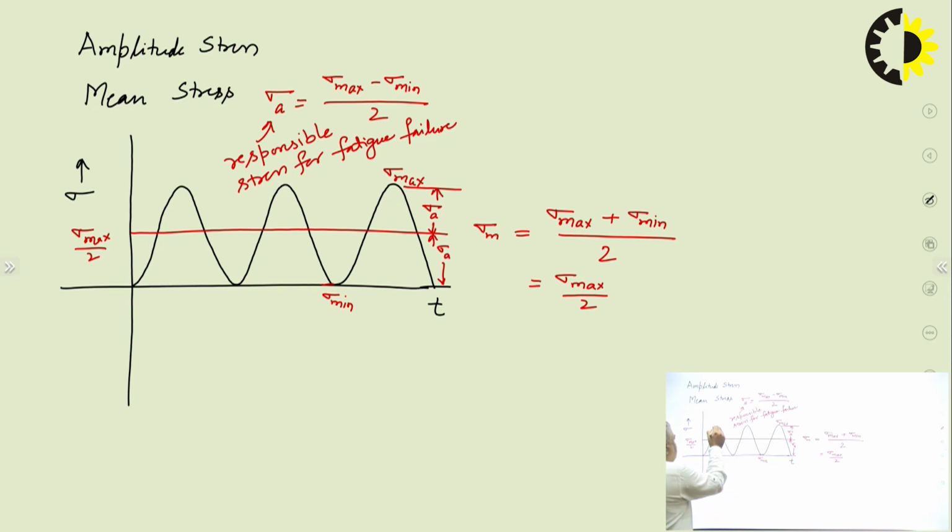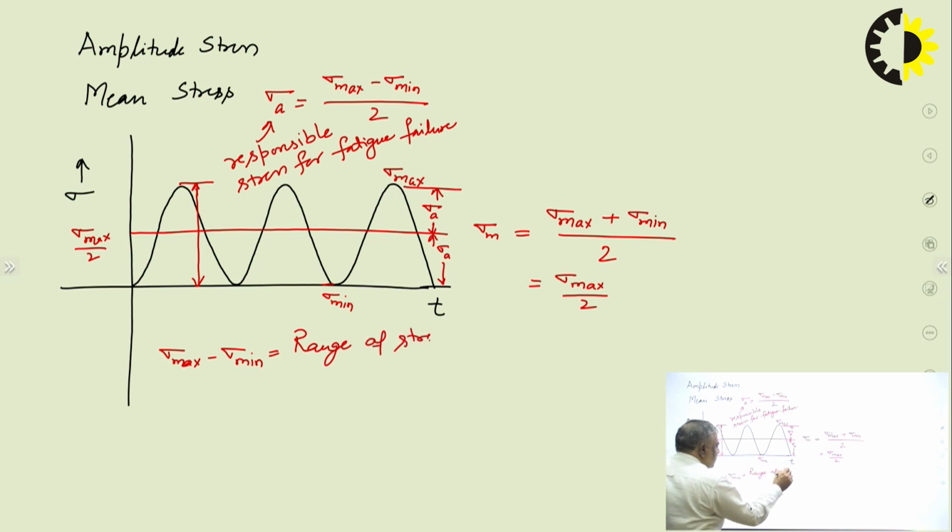And the third term, sigma max minus sigma minimum, is called the range of stress, or sigma r.